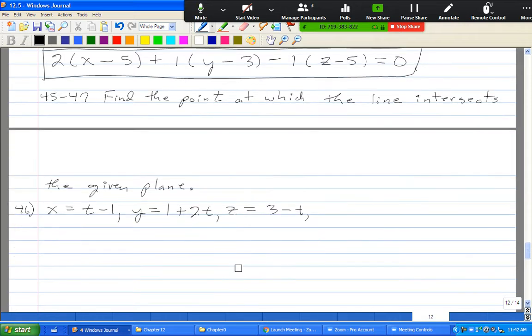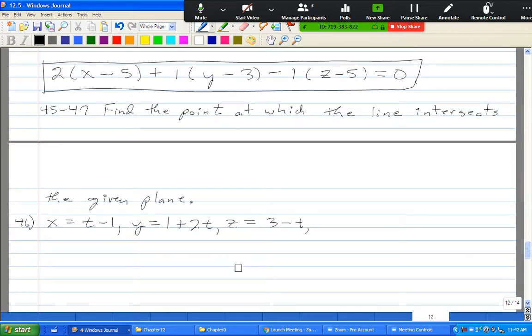I just want to figure out when this line intersects the plane 3x minus y plus 2z equaling 5.